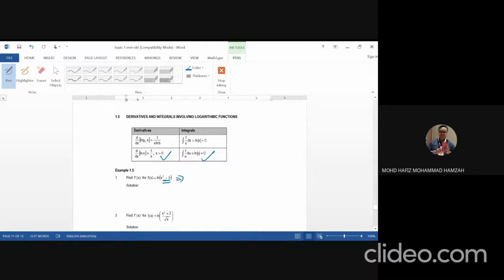Alright, so for this one, if you find your dy dx, mula-mula kita tahu bila kita differentiate ln, kita akan dapat 1 over x. So that means your x here is 1 over x square plus 3. Right, next step you have to differentiate this function with respect to x, since it is dy dx. So dia akan jadi 2x lah. So simplifykan, you akan dapat 2x over x square plus 3. Just like that.